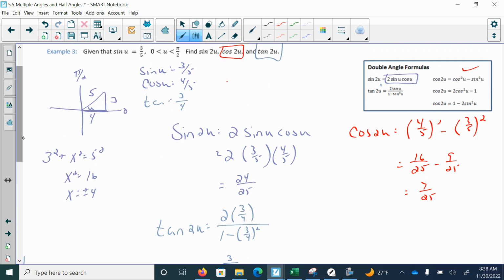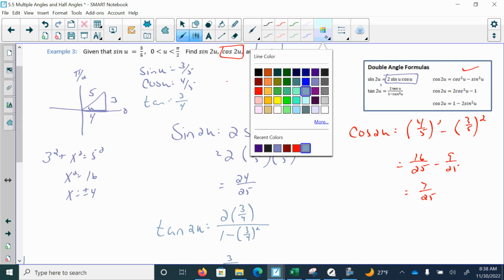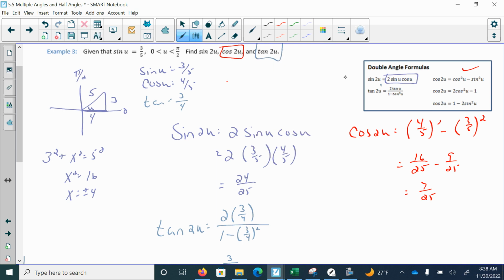But let's be completely honest. If I already had the sine and I already had the cosine, so here I have the sine as 24 25ths and here I have the cosine as 7 25ths, an easier way to find the tangent of 2u would be to take the sine of 2u and divide it by the cosine of 2u.